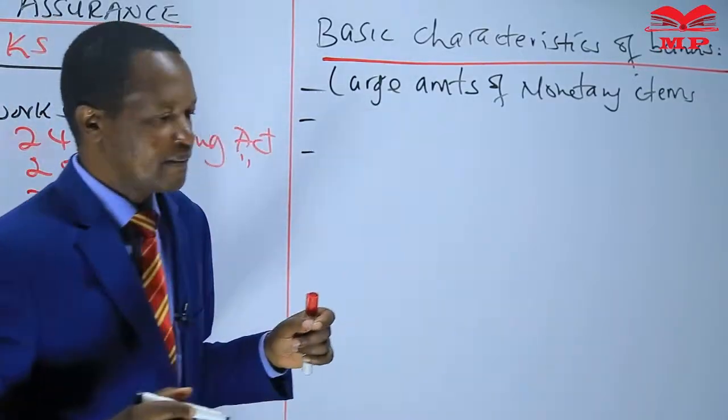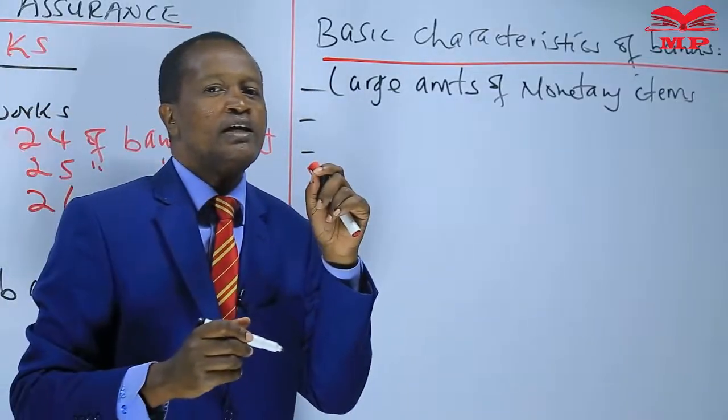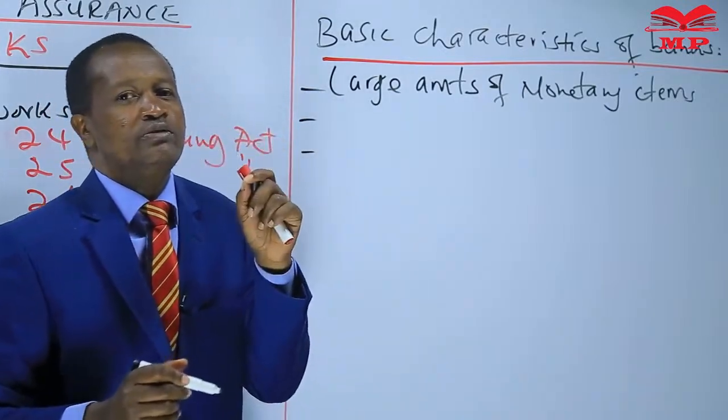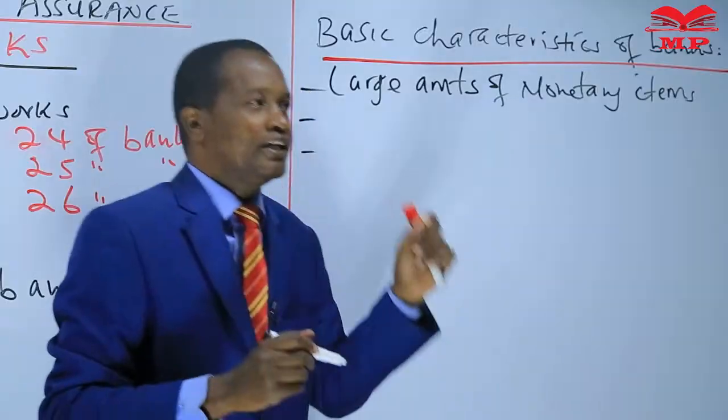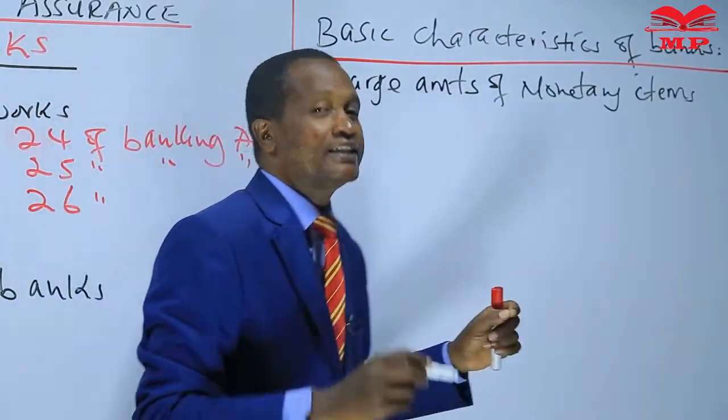Number 3, banks operate with a very high leverage. That means that the ratio of capital to total assets is low.